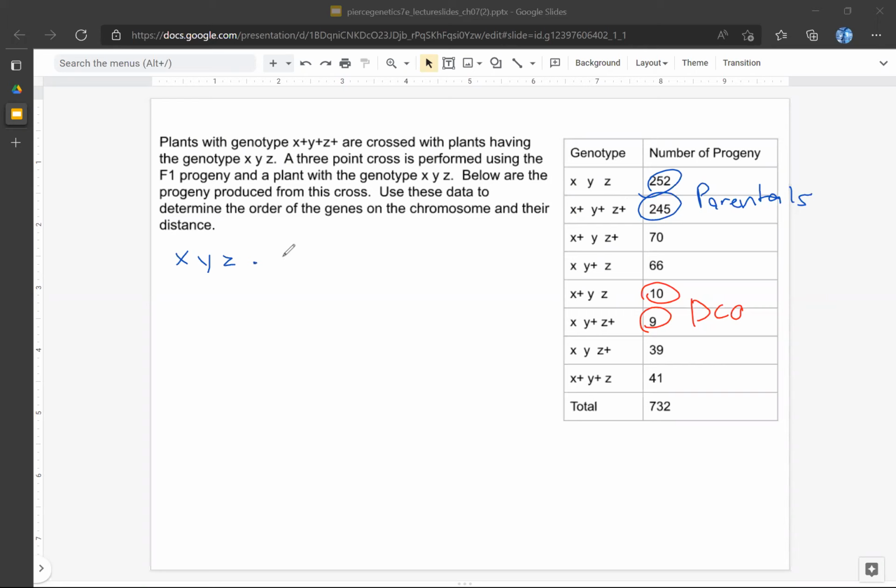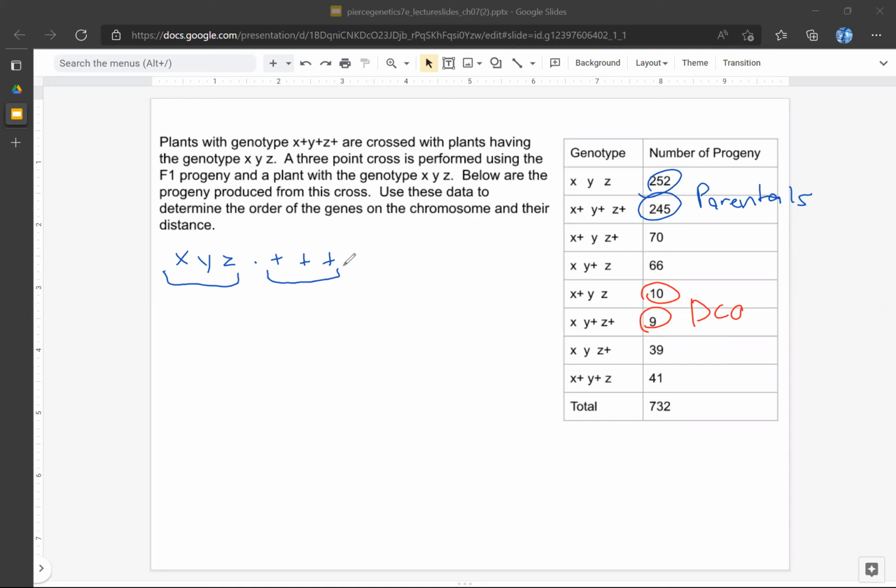Sorry, I just realized it would be confusing to write this as crossed because we also have X as an allele. These are our 2 parental genotypes.